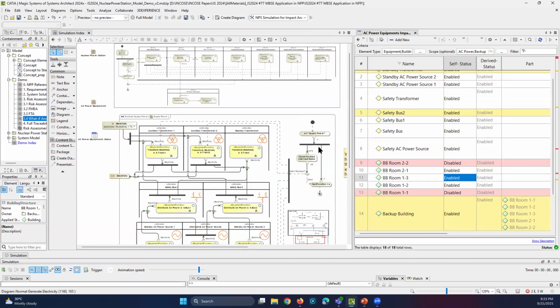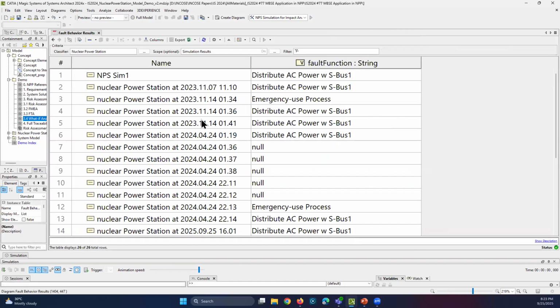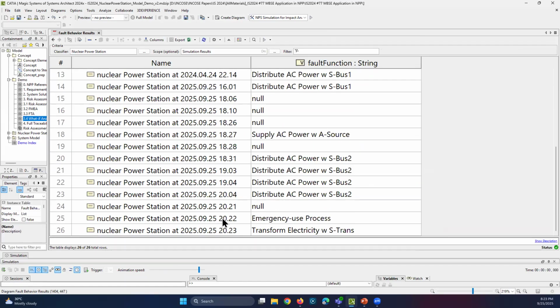And so now if I stop and go to this model, you will see that every single execution is recorded and reported back to us, showing which process failed, or which function failed, maybe at the equipment, and the timestamp is recorded.